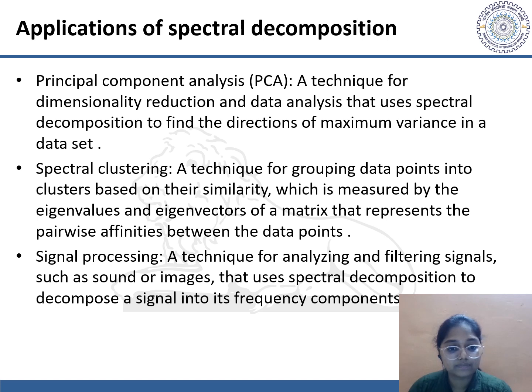Spectral clustering is a technique for grouping data points into clusters based on similarities, which are measured by the eigenvalues and eigenvectors of a matrix that represents the pairwise affinities between the data points. It is also used in signal processing, which is used for analyzing and filtering signals such as sound or images. This method of signal processing uses spectral decomposition to decompose a signal into its frequency components.